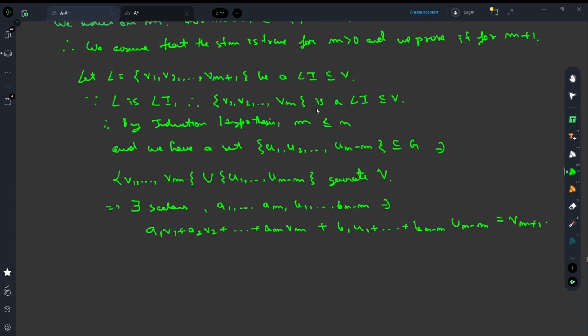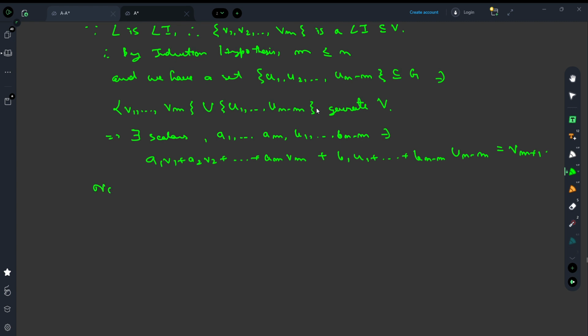This solely follows from the fact that the union of these sets generates V, and v_{m+1} is a vector from V, right? Okay, now observe that n minus m cannot be 0.